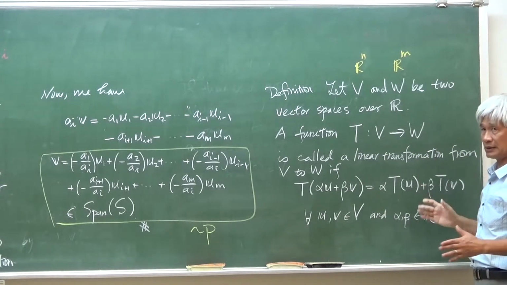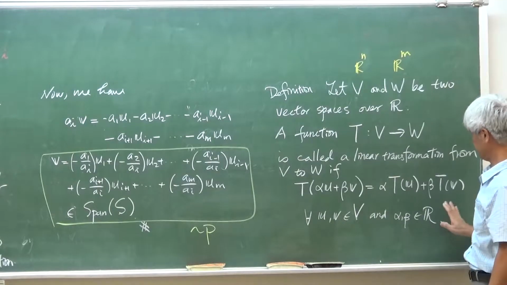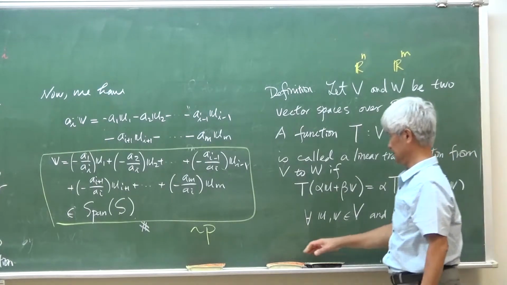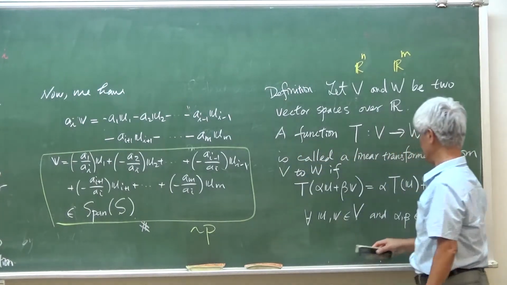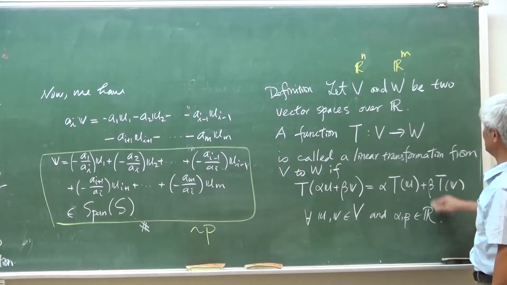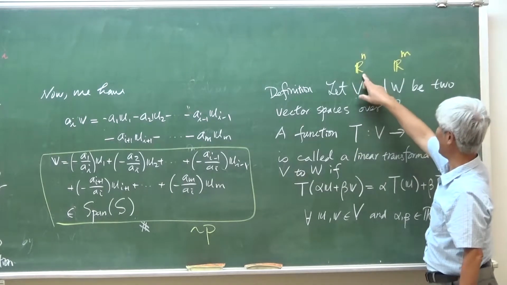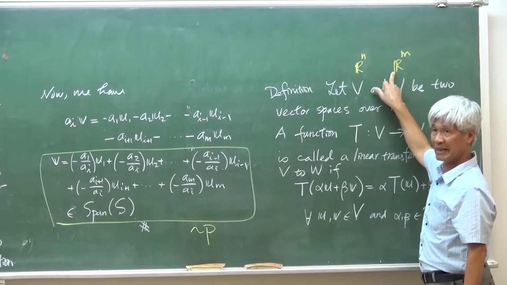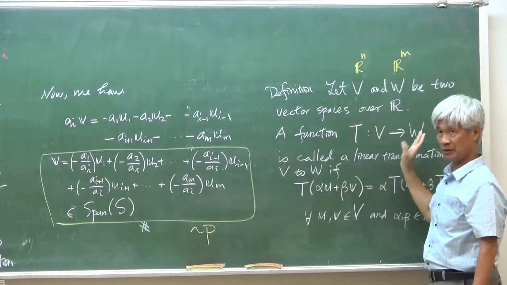We just generalize the idea of linear transformation. So you can think about everything about linear transformations from Rn to Rm, because the behavior is quite simple.